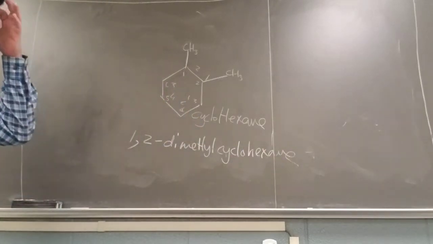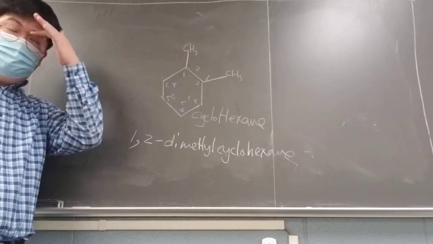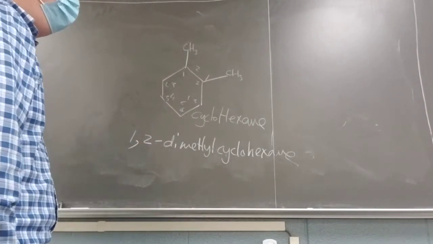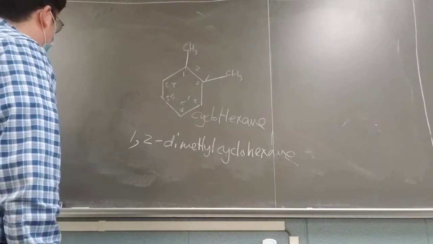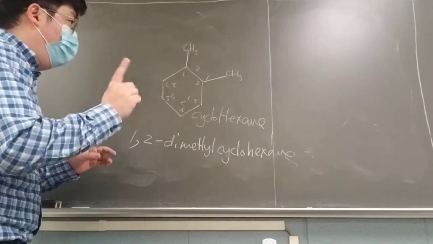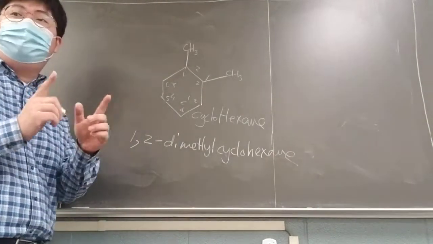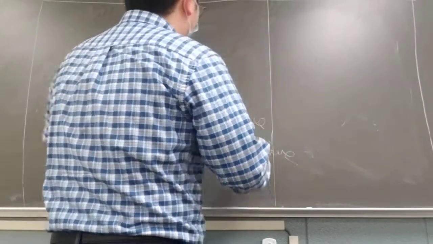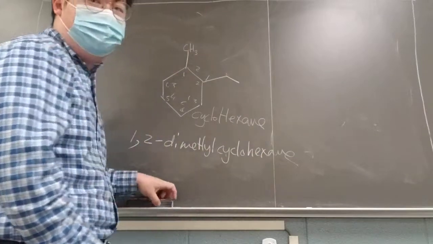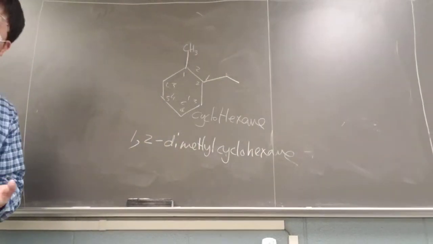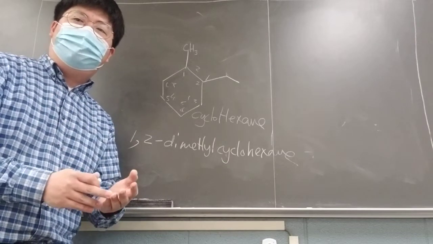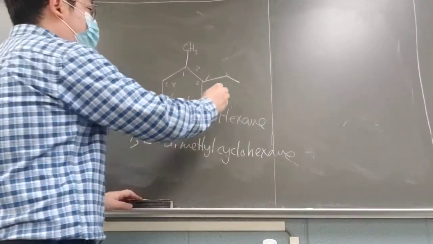So that is not so bad, right? We just had pretty much the same job we did for the alkane, but just in the ring structure, okay? I'll do one more, and I'll do this again, I promise, on Friday, but don't worry about it. So if I change this one to an ethyl group, what happens? Now you have to choose the way to number the carbon, because it's a different group now.